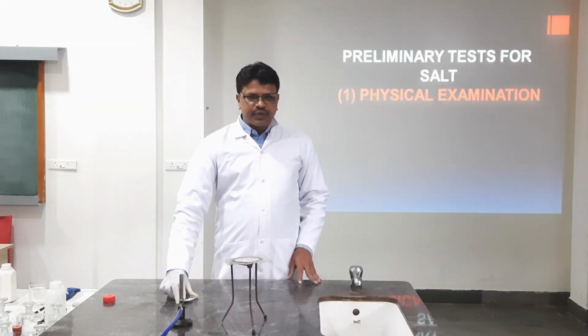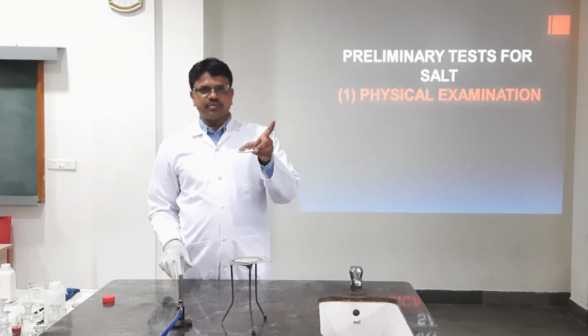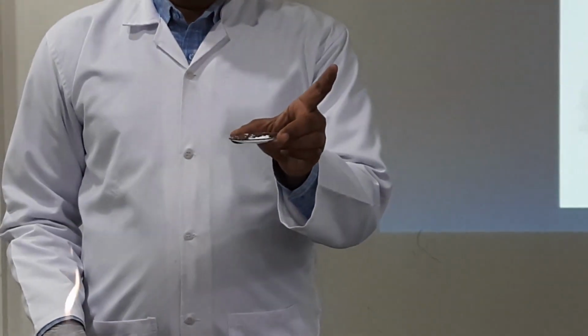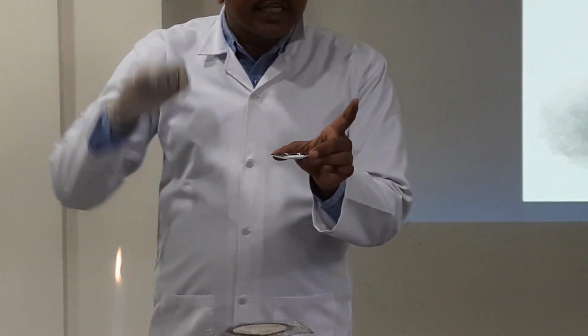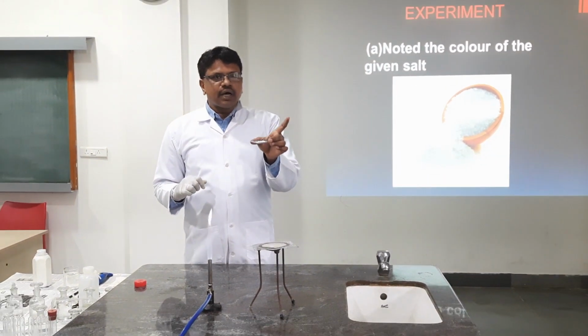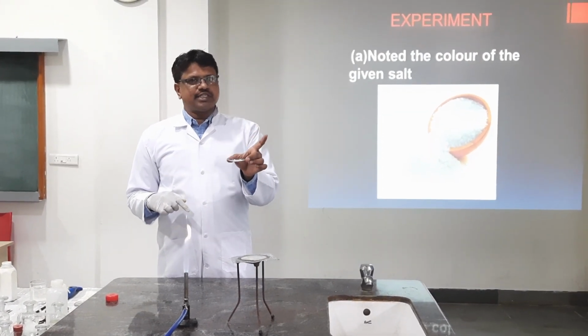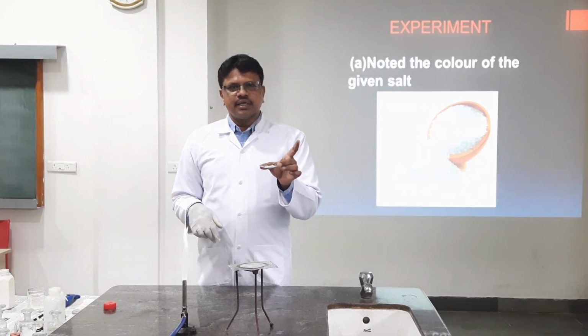First one is the color of the salt. Here the given salt is white. If it is not white, what ions may be present in this salt? If it is blue, copper ion is present. If it is light green, Fe2+ is present. If it is brown, Fe3+ is present.